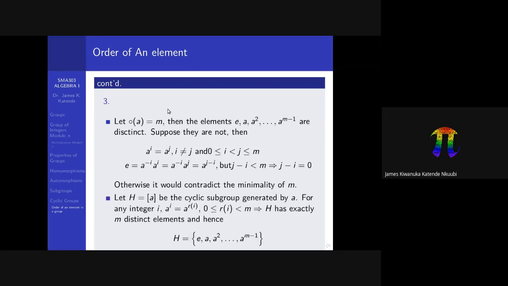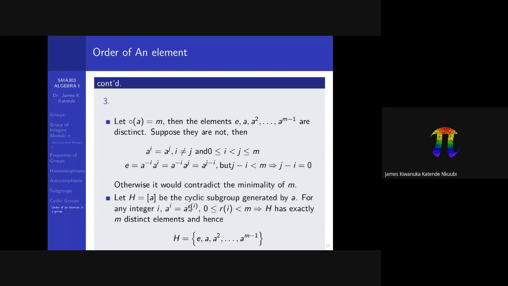So we already said the order of A is equal to M, so these elements are distinct. Oh, we have done that part. So the next part is this. Let's consider the cyclic subgroup generated by A. From the previous bit, we saw that for any integer I, A raised to I is equal to A raised to Ri, where Ri is the remainder when I is divided by M, and therefore this Ri cannot exceed M, right?